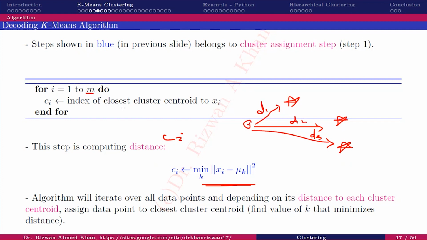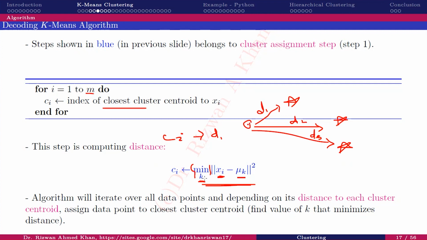And this ci assignment would be the index of the closest cluster. So if this distance is the smallest, it will be assigned to D1. So what it is doing is taking the distance of the data point from each cluster centroid, and it will assign the cluster centroid that has minimum distance, or that is closest.